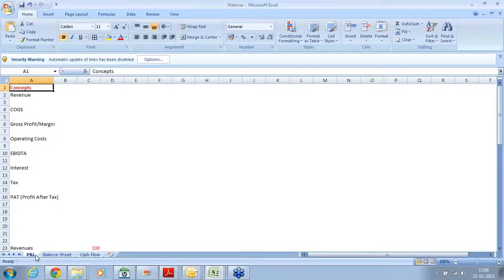My presentation is structured as follows. I'll be focusing on the three general statements which are prepared: the profit and loss account, the balance sheet, and the cash flow statement. Under each of these statements, I shall focus on specific items which I think are important for you to keep in mind.